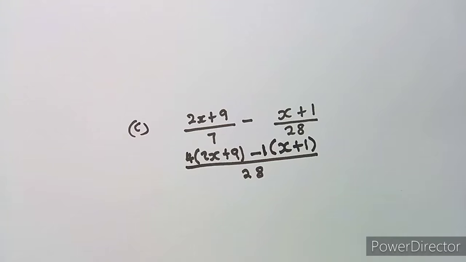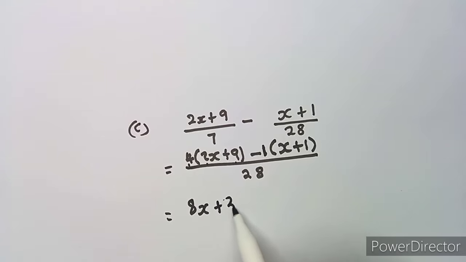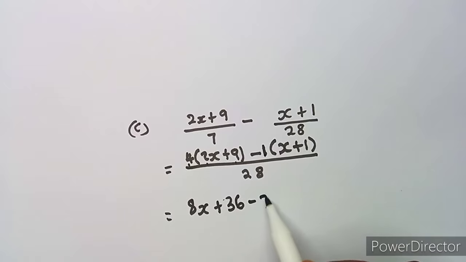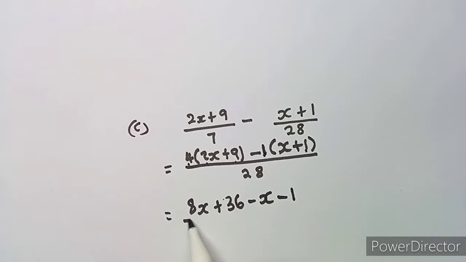So you are supposed to open these brackets and multiply each and every term that is given there. All right, so let us expand each and every term. Multiplying 4 and 2, that's 8x, 4 and 9 gives us 36. We move on, minus 1 and x, which is minus x, minus 1 and 1, which is minus 1. Take note, it's a minus and a plus, which gives us a negative, everything over 28.